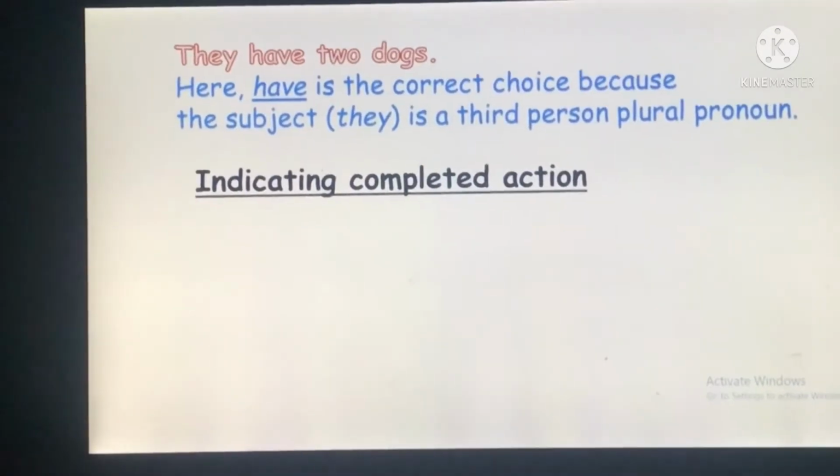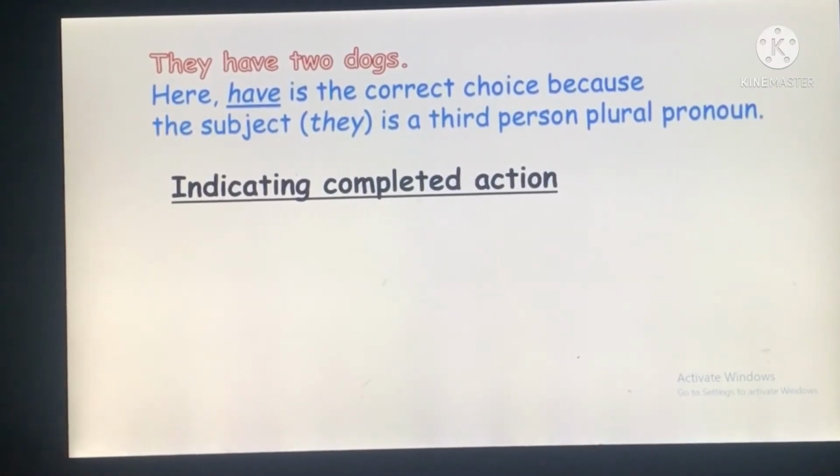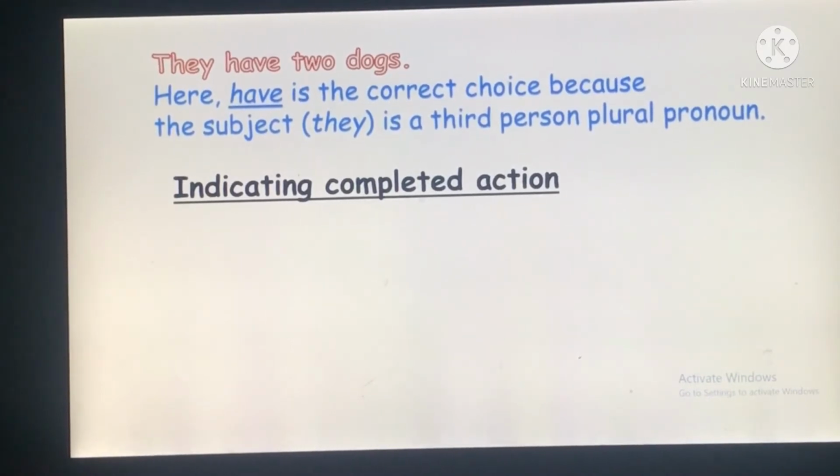For example, they have 2 dogs. Here have is the correct choice because the subject they is a third person plural pronoun indicating completed action.